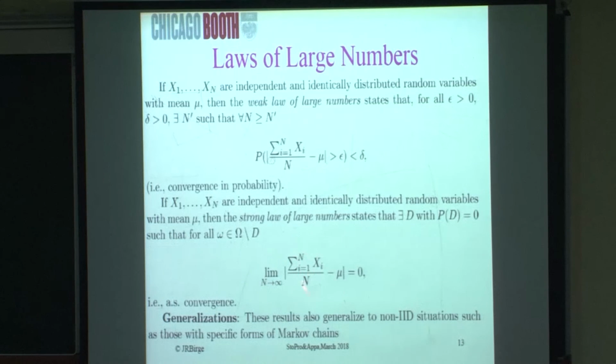Then we'll end up with similar results. Sometimes you can only show the weak version, but most of the time you get both weak and strong versions. So the point is that there are many non-IID situations where these things apply as well.